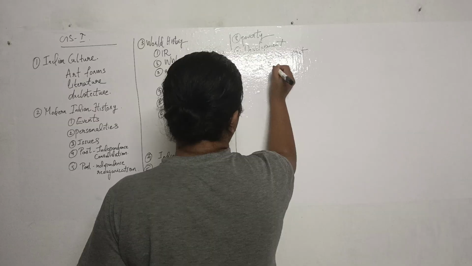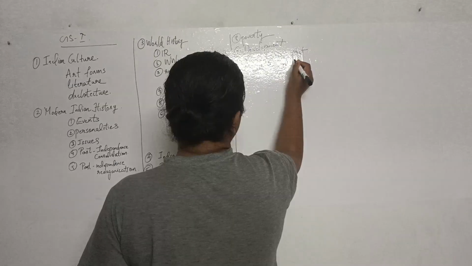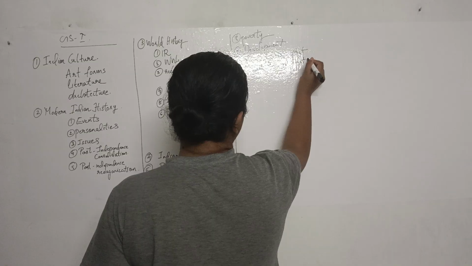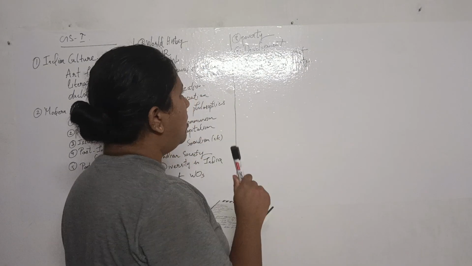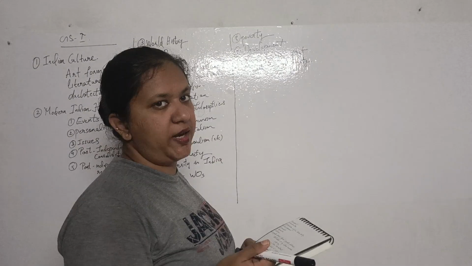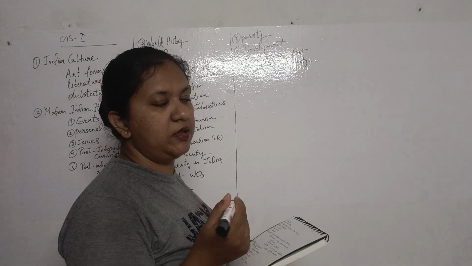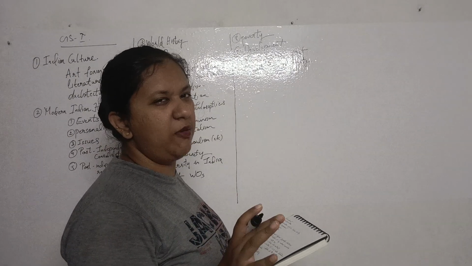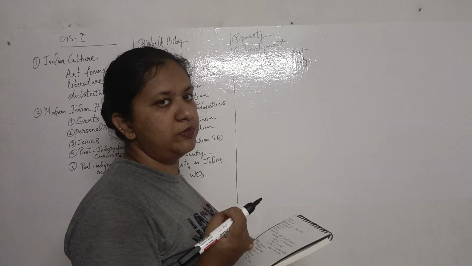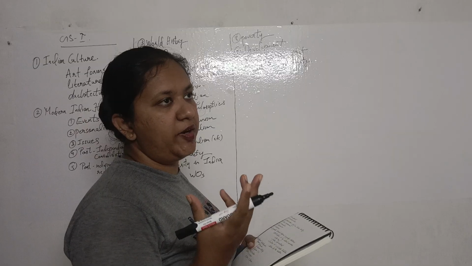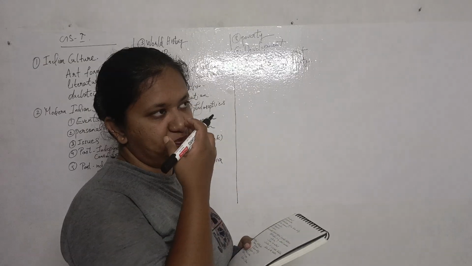Effect on Indian society. Whichever topic you are studying, you have to connect it to Indian society, because we need to know how India is working, what the pulse of Indian society is.